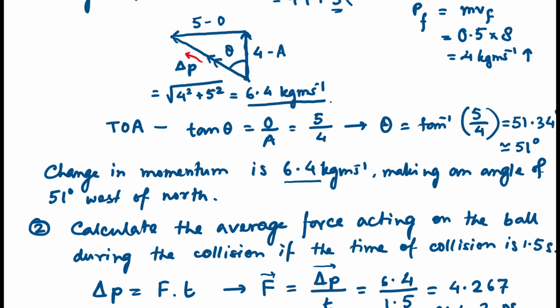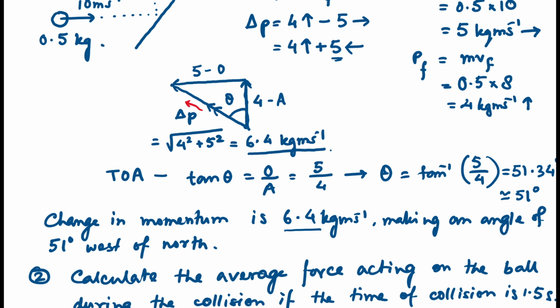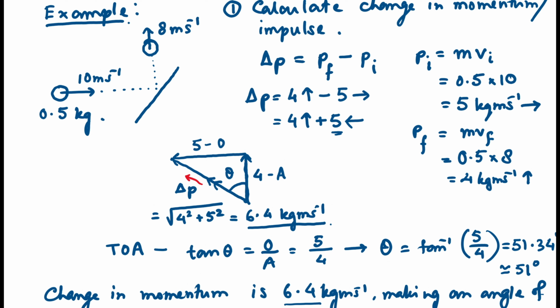So the force will be in the same direction. And it makes sense because if you look at the collision, if the force acting from this bat is in this direction here, then the change in momentum should also be in the exact same direction. So what you need to remember is force and the change in momentum should always be in the same direction, because that force is causing the change in momentum.